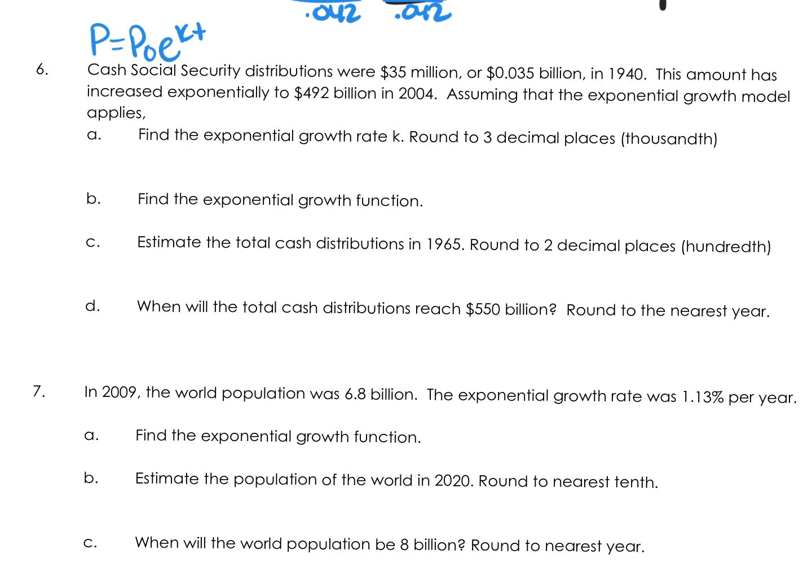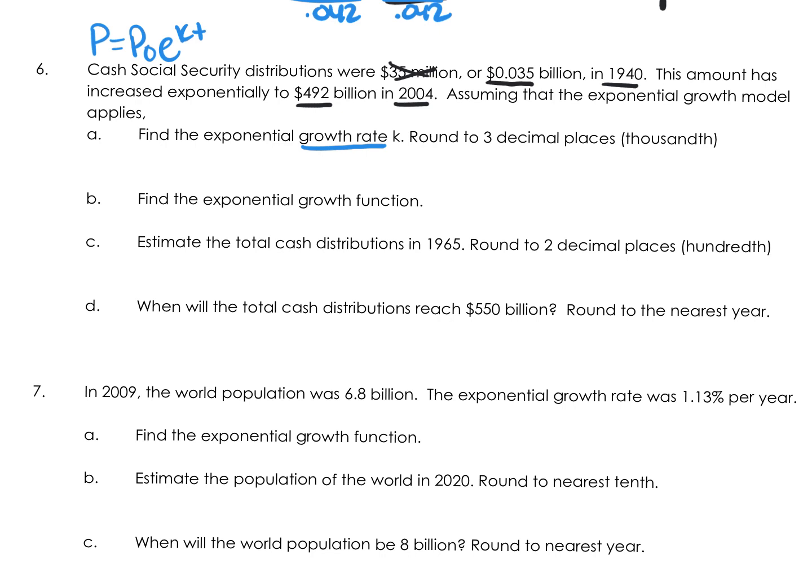So the first question asks us to find the growth rate K. So we'll start off with that. P0 is our starting amount, and that was this amount in 1940. That's when we started. And then in 2004, it was 492 billion. Now we want to use both in billions because we want to keep it the same.